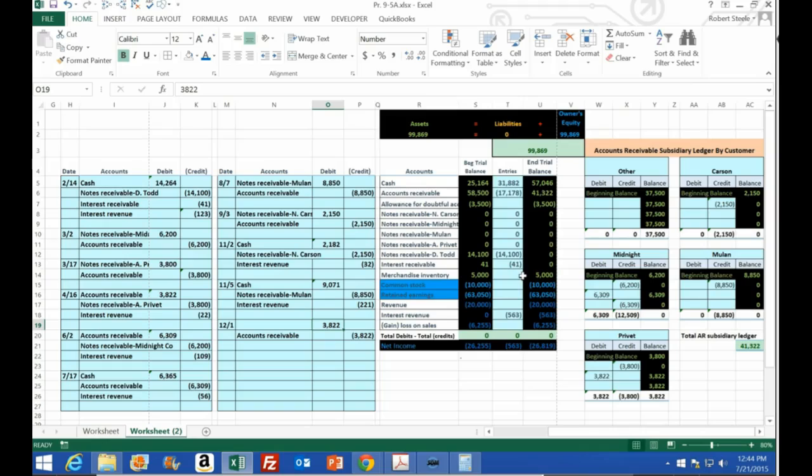go down. But if we did that, notice that what happens here is the matching principle gets violated because of these bad debts. Because we made the sale in the past, like last year, perhaps, or last month, and now we're writing it off this month. So what really happened is the sale was bogus last month. So on an accrual basis, what we want to try to do is match up the bad debt to the actual sales time when it happened.